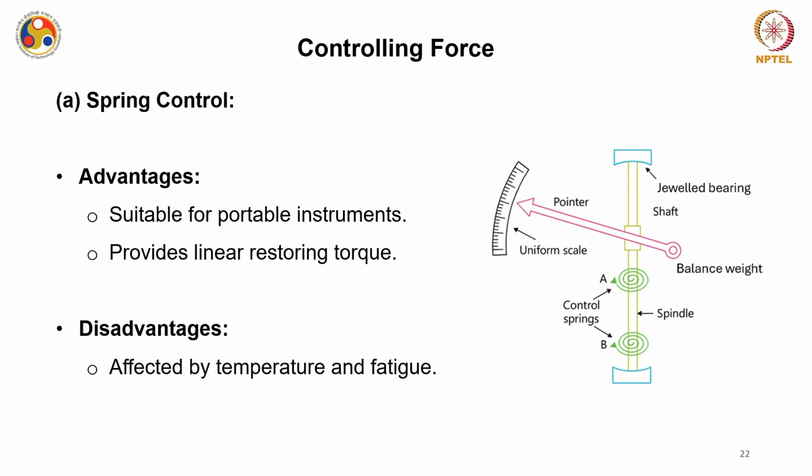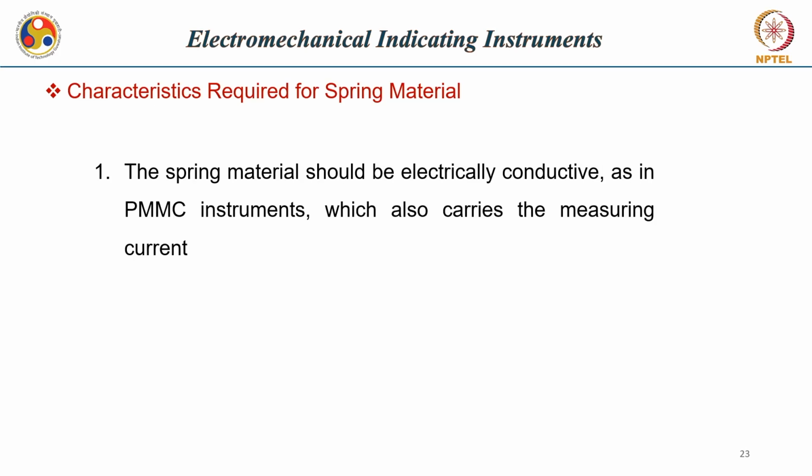However, springs are affected a lot by temperature, and if your pointer is regularly going into the plasticity zone, for example, the spring will of course develop a certain level of fatigue. So temperature and fatigue are two important parameters which govern the behavior of the spring in the long term, and that's why they are classified under the disadvantages of the spring.